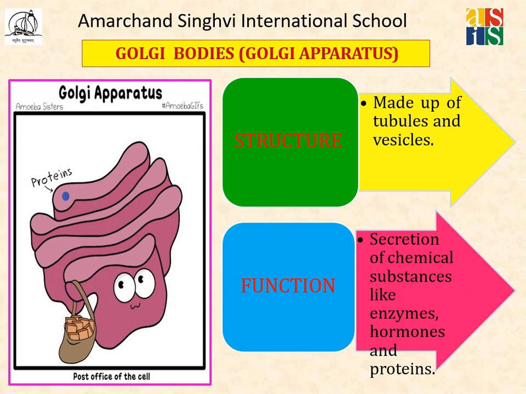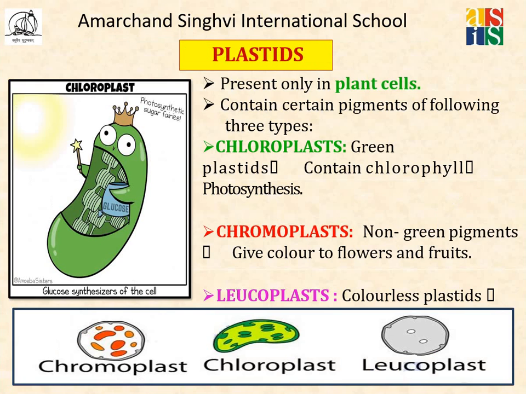Golgi bodies. These are made up of tubules and vesicles. You can look into the picture as to how the structure of the Golgi apparatus is. The function of the Golgi apparatus is secretion of chemical substances like enzymes, hormones and proteins.